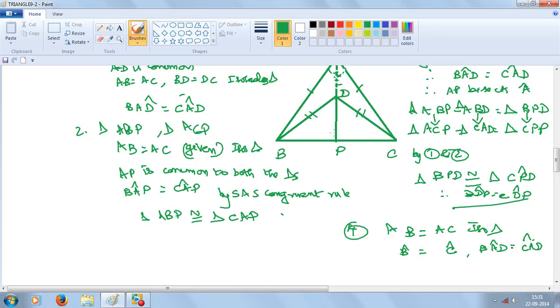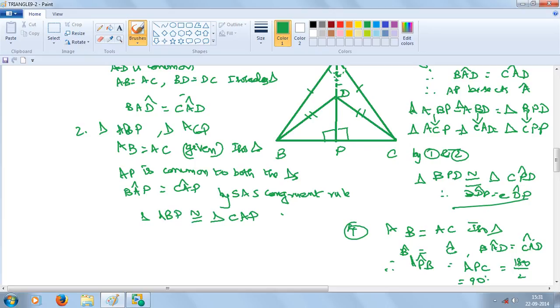So what about the third angle? These two angles are equal. So if two angles of a triangle are equal, the third angle, APB is equal to APC, is equal to 180 divided by 2, is equal to 90 degrees.